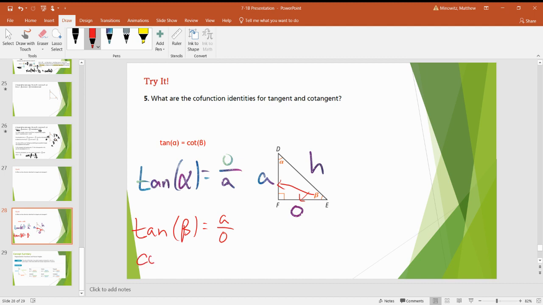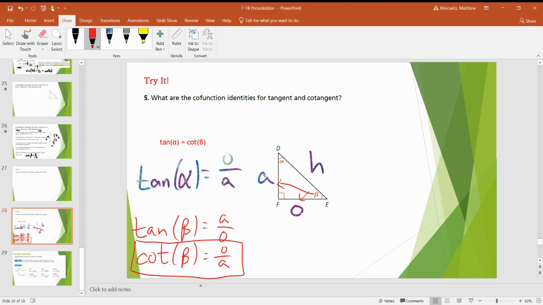Now we see the cotangent of beta is the reciprocal. So the cotangent of beta equals the tangent of alpha. So if I know the tangent of an angle, I know the cotangent of another angle. If I know the sine of an angle, I know the cosine of its complement.